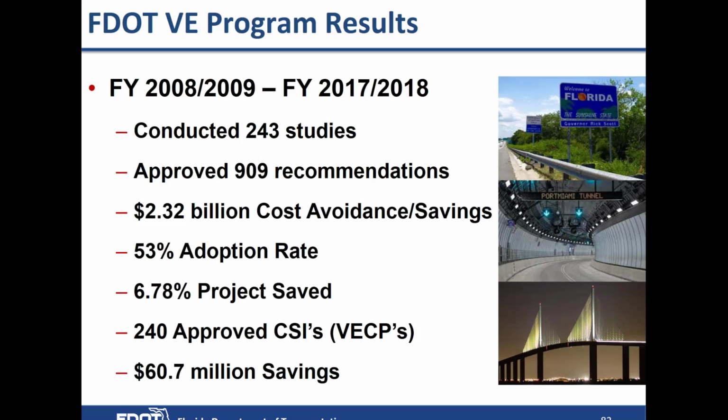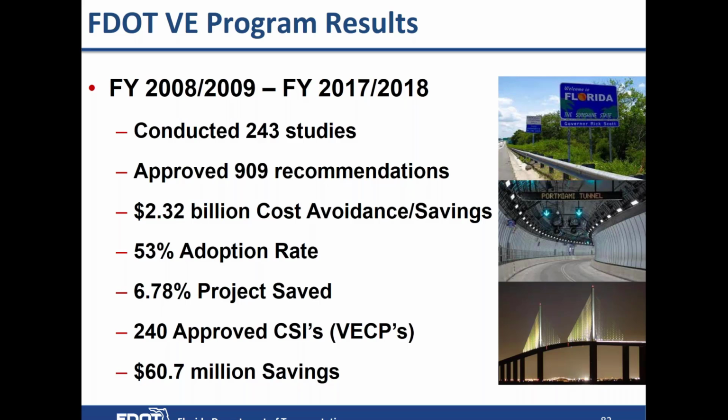So, VE program results, and I did this over a 10-year period. Now, this is results for our particular measures. I showed you how many studies we've done over that 19-year period and what our cost avoidance savings were over that 19-year period. But in the last 10 years, we've conducted 243 studies, 909 approved recommendations, and $2.3 billion in cost avoidance savings.